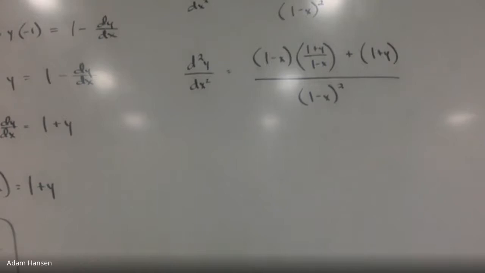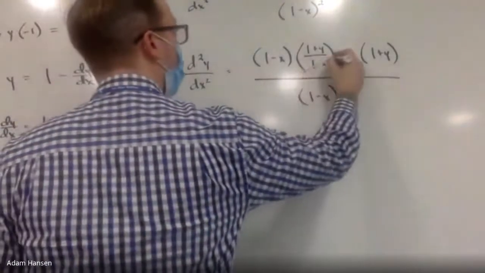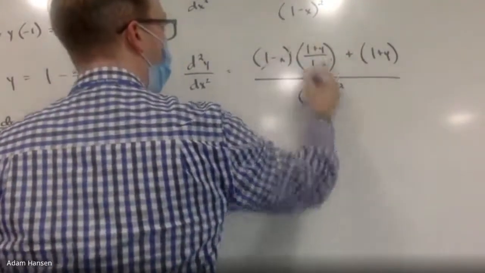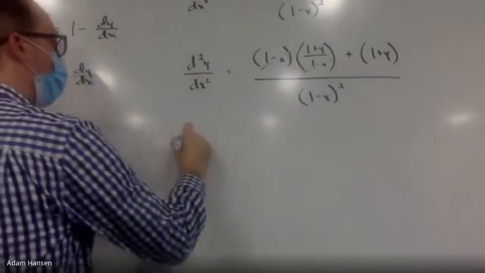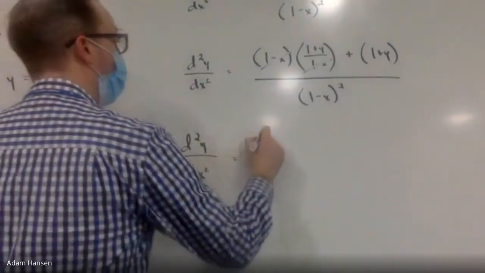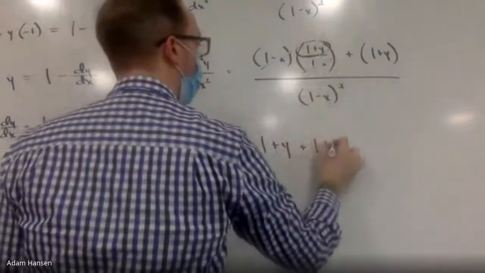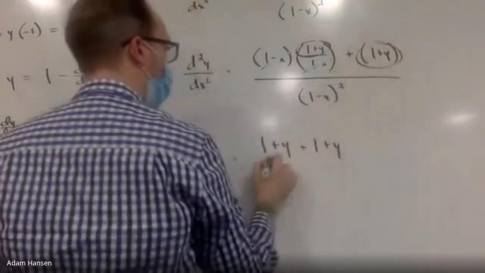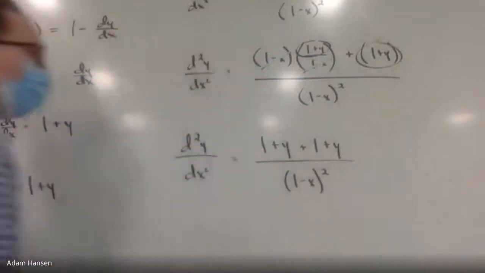Wouldn't the 1 minus x's just cancel? I'm both dividing by 1 minus x and multiplying by 1 minus x. Almost there. 1 plus y from here, plus 1 plus y from here, all over quantity 1 minus x squared.